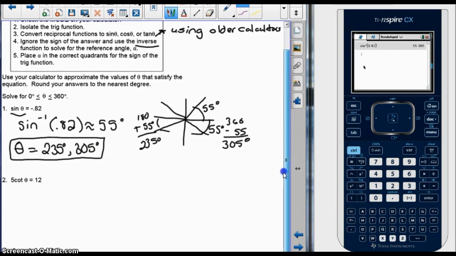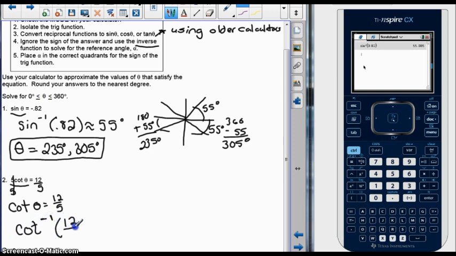Looking at number 2, now we have to remove this 5 because that's keeping cotangent theta from being isolated. So if we divide by 5, we know that cotangent theta is equal to 12 over 5. So we do the inverse of cotangent of 12/5.